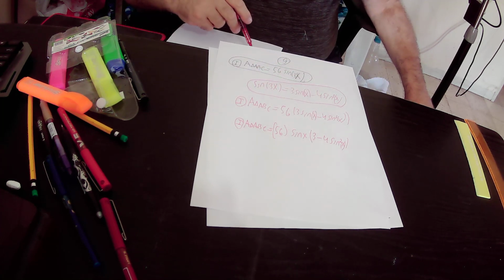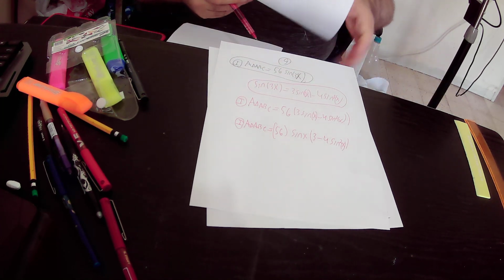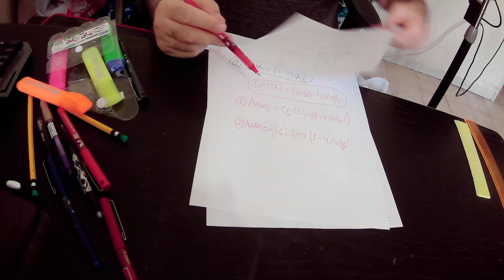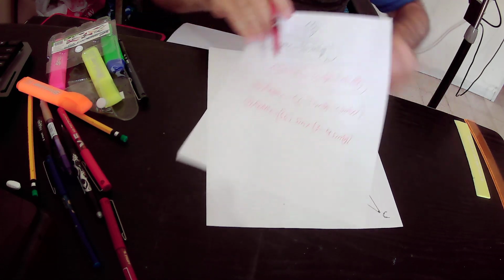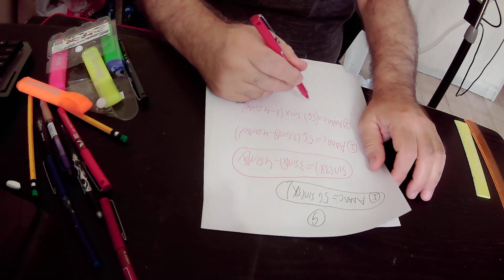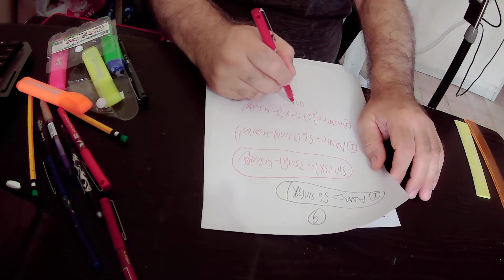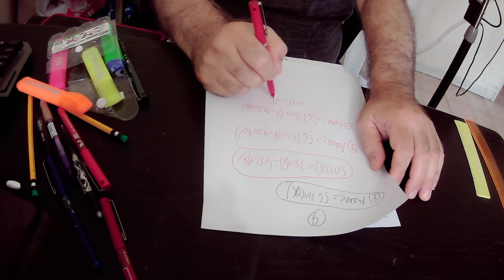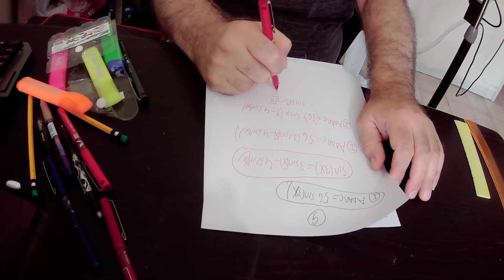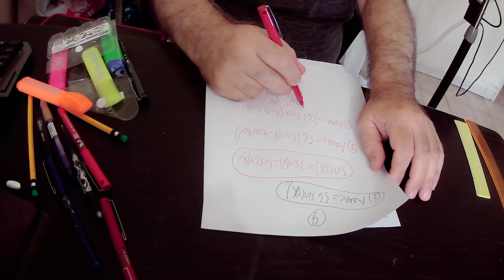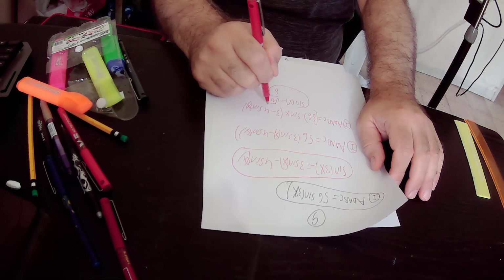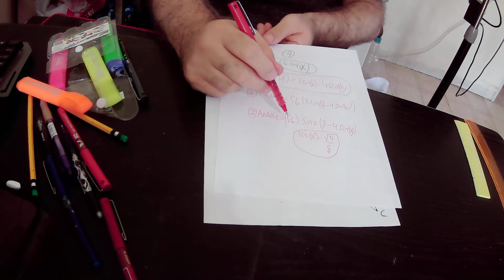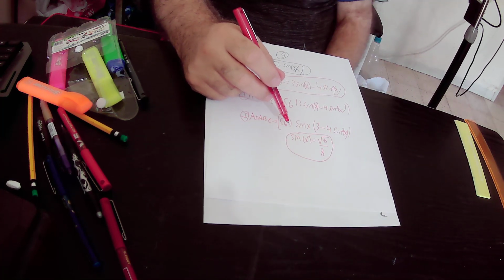But we have already found out that sine x equals to root 15 over 8. So I write here that sine x equals to root 15 over 8. And we will square this equality in order to find out the value of sine square x.